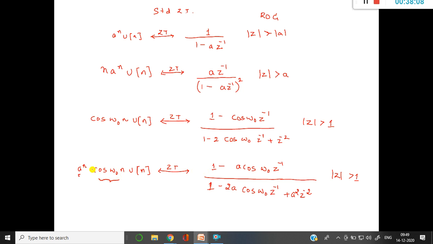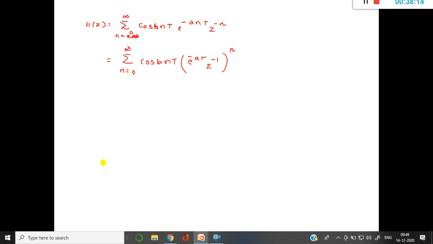So this is a standard z transform I have. And look at the problem. Now this is also in the same fashion, a power n into cos of bn.